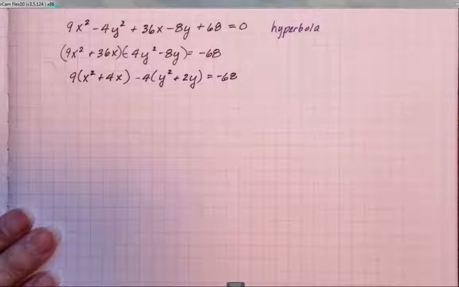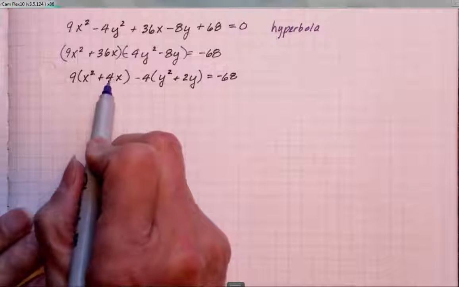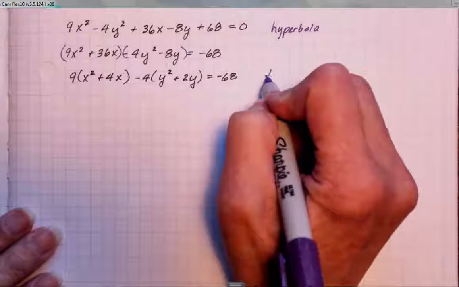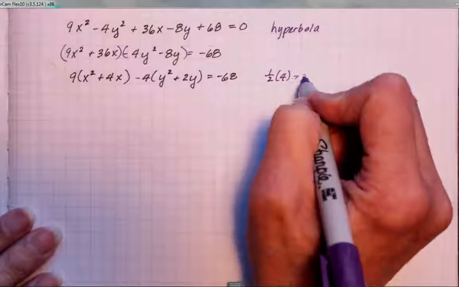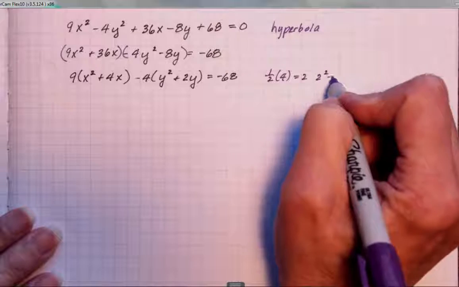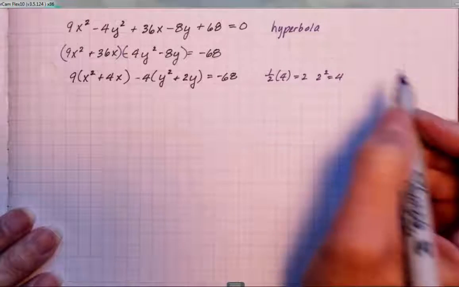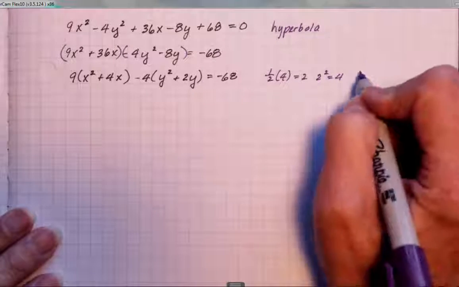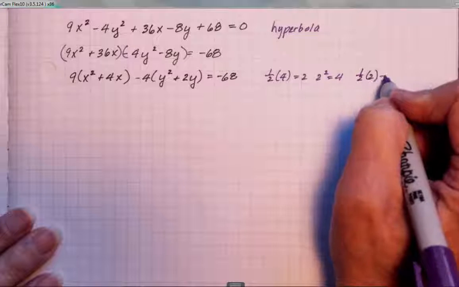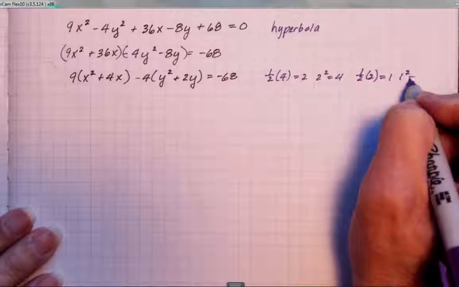Then I can go ahead and complete the square. To complete the square on my x terms, I'm going to take half of 4, which is 2, and then I'm going to square it, which is 4. I'm going to take half of 2, which is 1, and then square it, and that'll be 1.